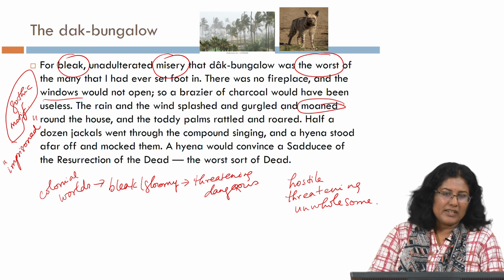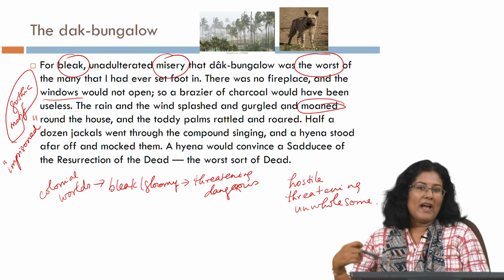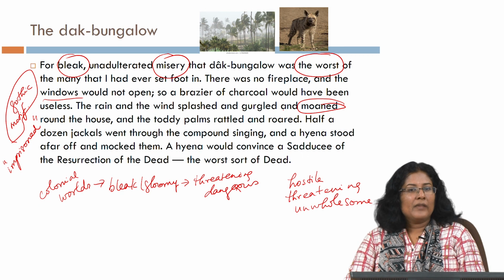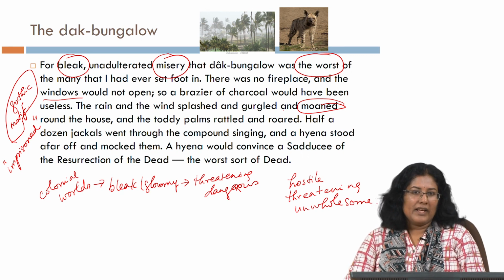They are being buffeted, the fronds are being buffeted by the wind, and that is also adding to the eerie sound of the ambience of the environment around him, around this particular narrator. And further, there are also hostile, dangerous animals such as jackals, and a hyena is also standing about mocking the jackal.